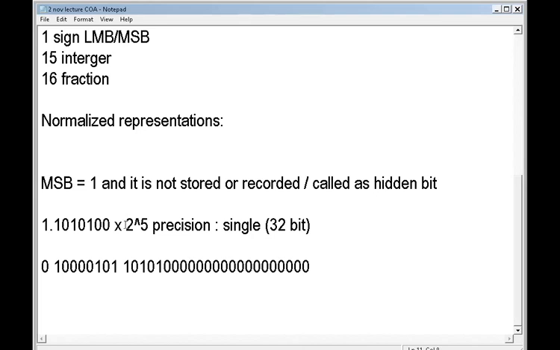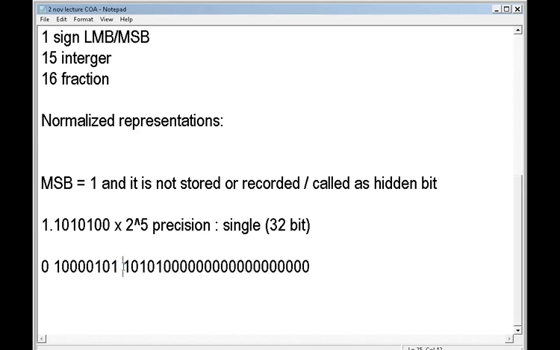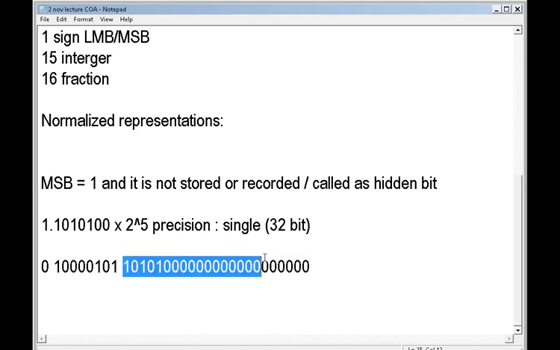Now see, in floating point representation, we have up to 23 bits in single precision and up to 54 bits in double precision. So it would have very precise accuracy to a large extent also.